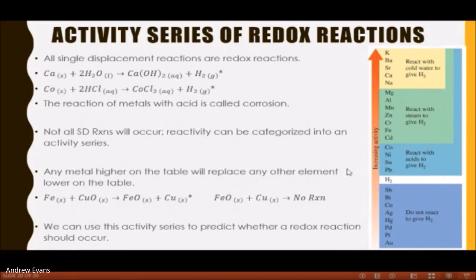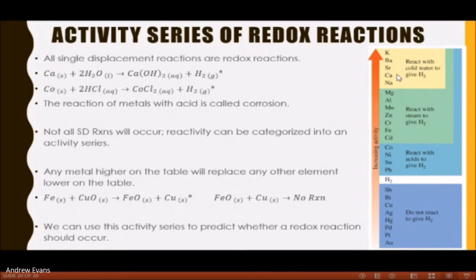So some of these guys will react directly with cold water. When they react with cold water, they're going to form hydrogen gas. Now, some of these guys will react with acids in a form of corrosion. And some of these guys will not react at all.